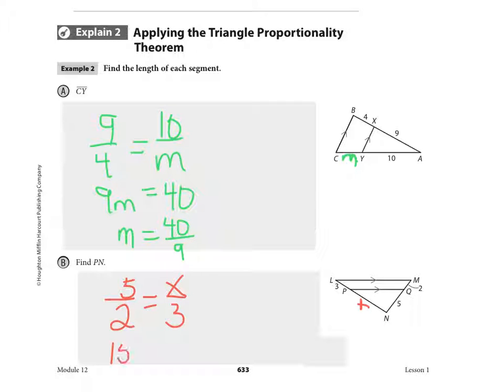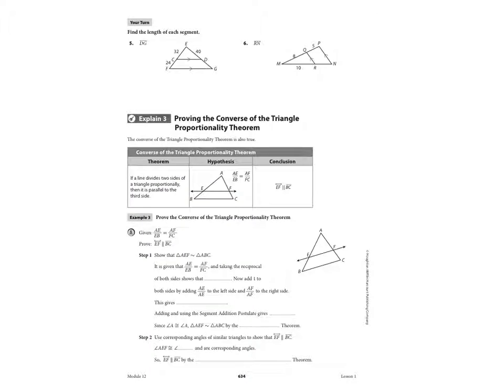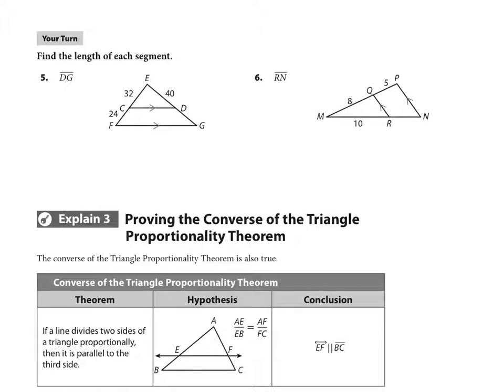So I get 15 equals 2X, or 15 halves equals X. And that's all there is to these. So I want you to do the next two on page 634. I want you to do these by yourselves and then check back in and see if you've done them correctly.